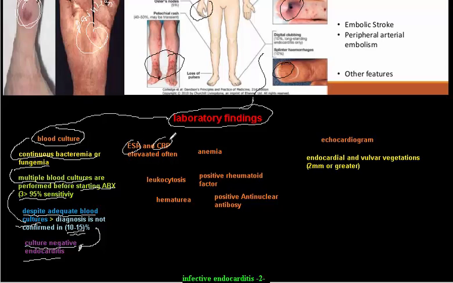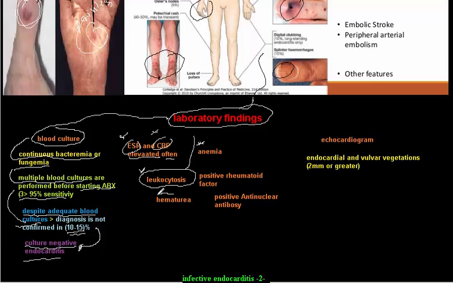ESR and CRP are expected to be often elevated in endocarditis. We also may have leukocytosis. It's an infection. So ESR, CRP, leukocytosis, anemia. It's very common in infective endocarditis, mild anemia actually.